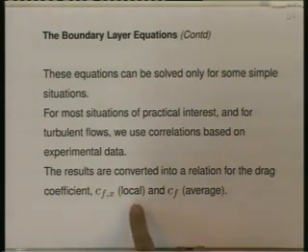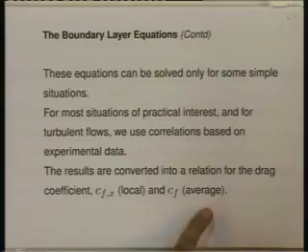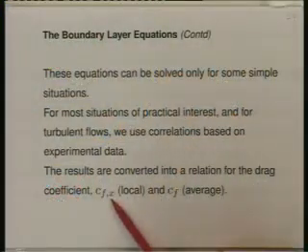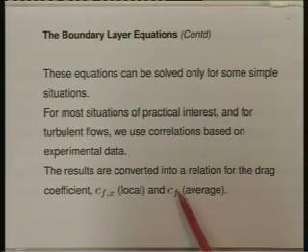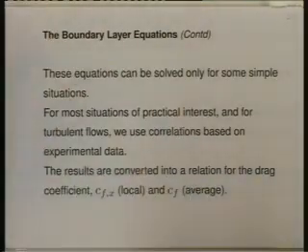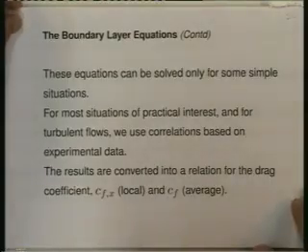We can have a local drag coefficient and the average drag coefficient. The local drag coefficient will depend on the location, so CF at x will be different for different x. Average drag coefficient will be averaged over a certain length.